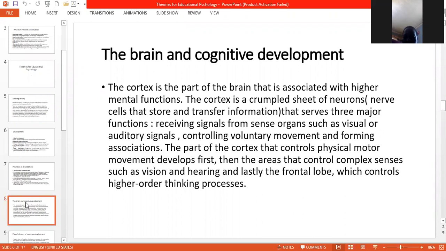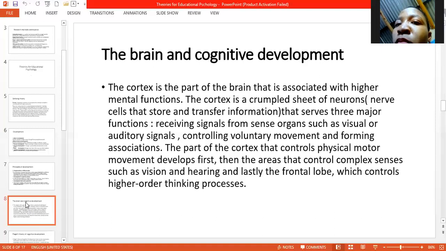It serves 3 major functions: receiving signals from sense organs, such as visual or auditory signals, controlling voluntary movement, and forming associations. That is done in the cortex.